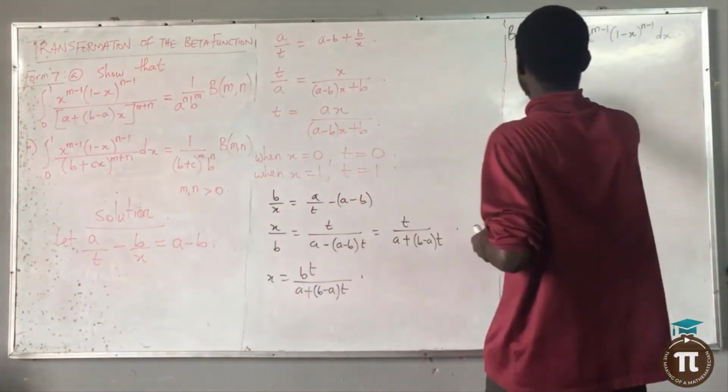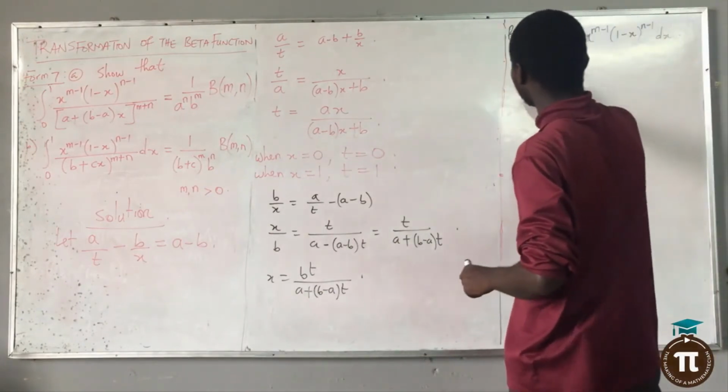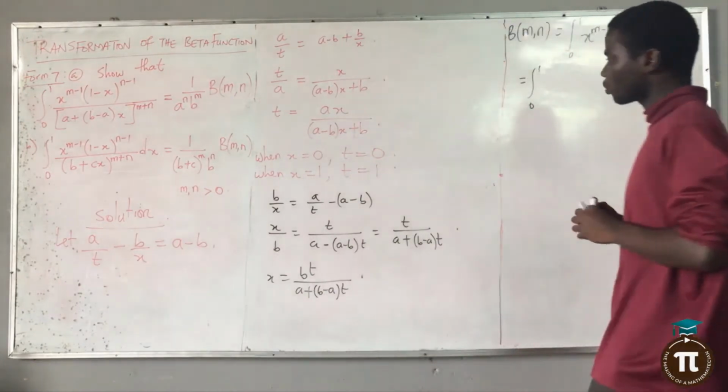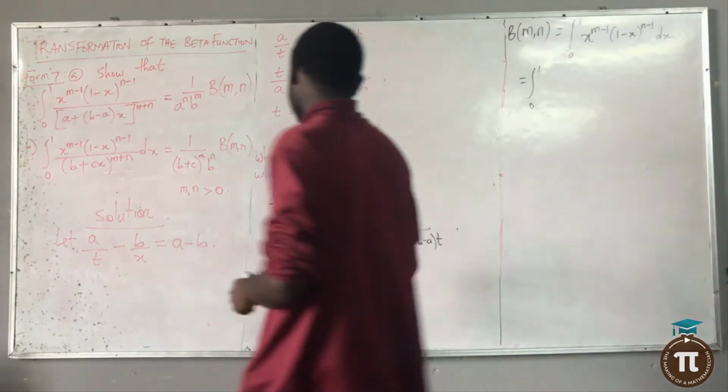So now this is equal to, of course I have checked that when s is 0 and when s is 1 it is still the same bound. So that is the integral from 0 to 1 of s, and I have not yet differentiated the s with respect to t.